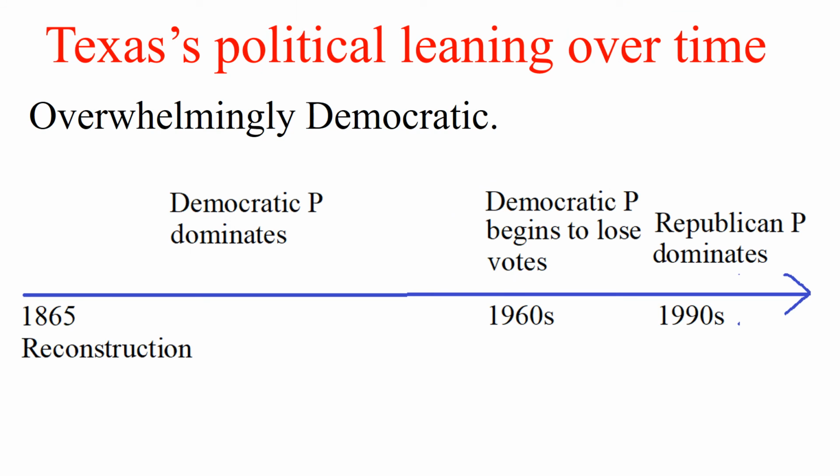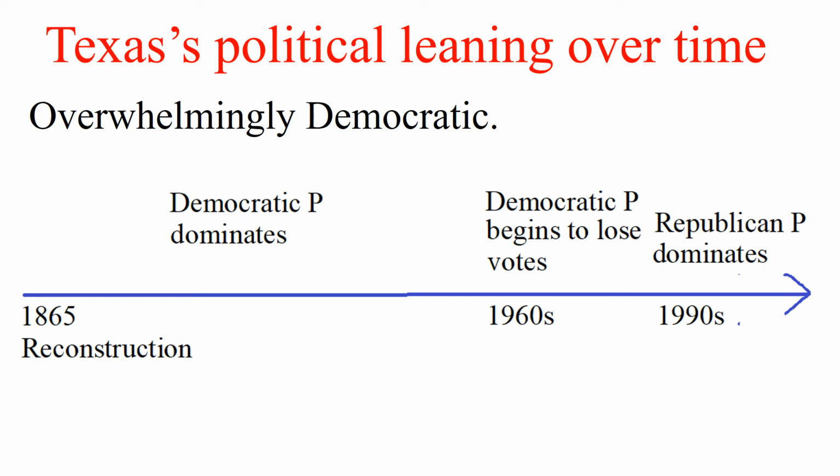When we look at the historical trajectory of Texas's political leaning, we see that for an overwhelming majority of Texas's history, this state has voted Democratic. Starting from 1865, the year of Reconstruction, up until the 1960s, for a good 100 years, Texas consistently voted Democratic in most elections.